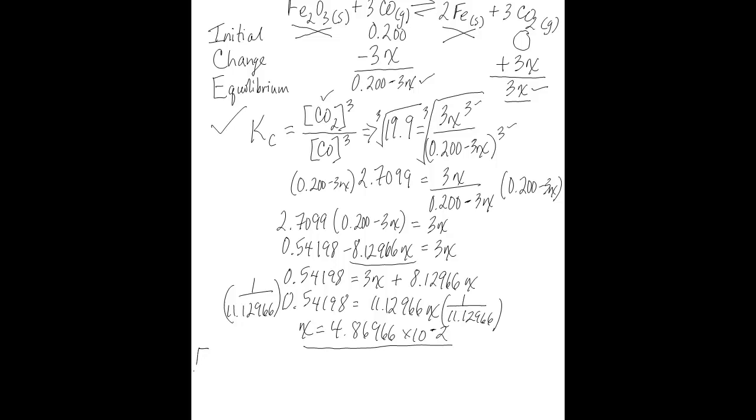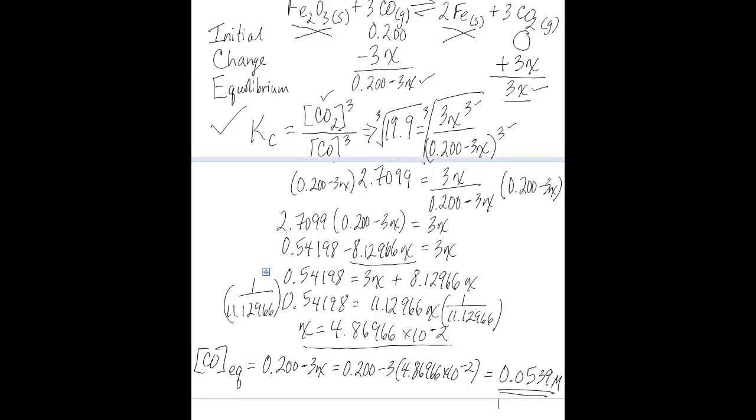So to solve for the concentration of carbon monoxide gas at equilibrium, you know that that concentration in terms of x is equal to 0.200 minus 3x. And now that you know x, you can just substitute that number into this expression, and then you get your concentration of carbon monoxide gas at equilibrium. So this is one of the things that you wanted to solve for, 0.0539 molar.